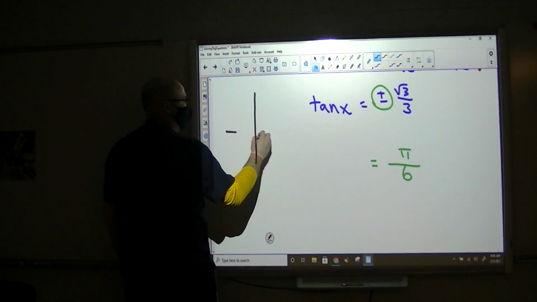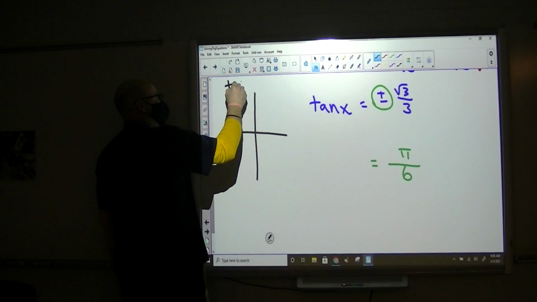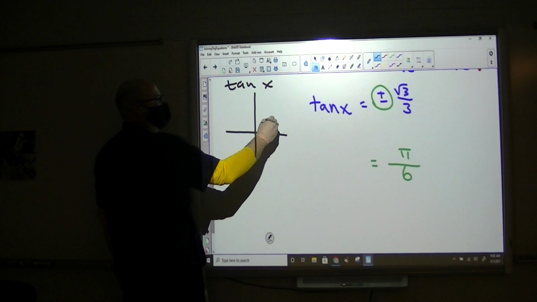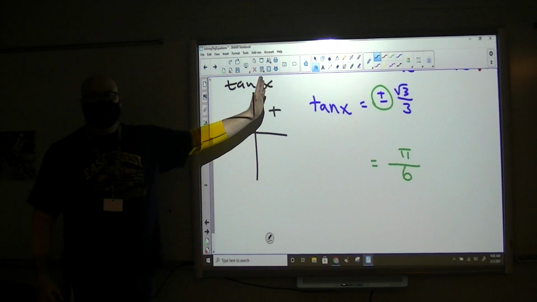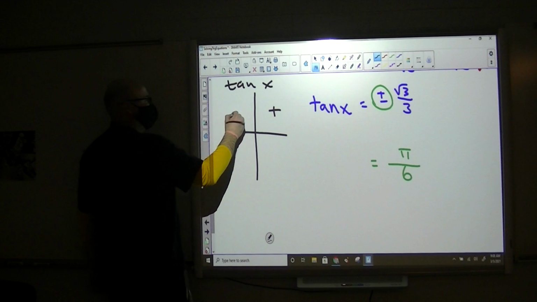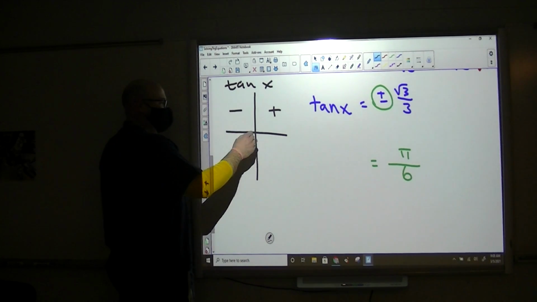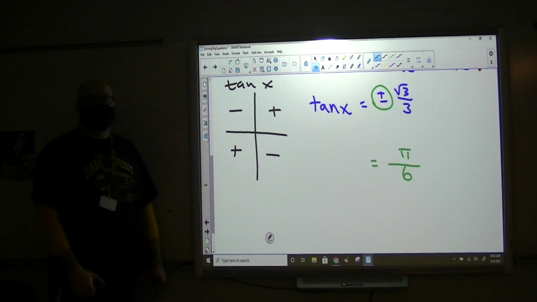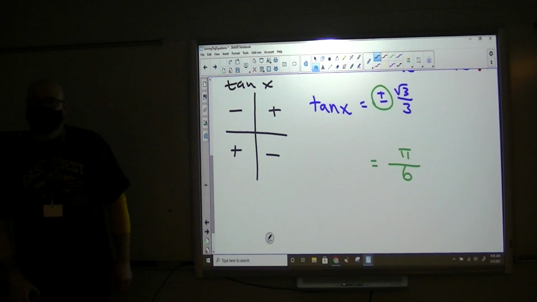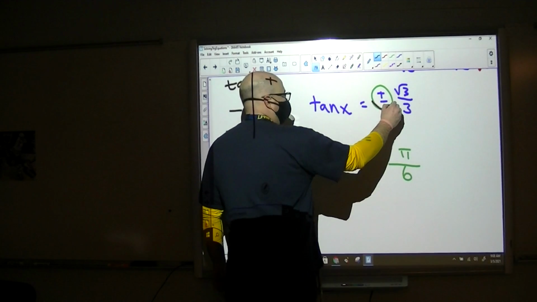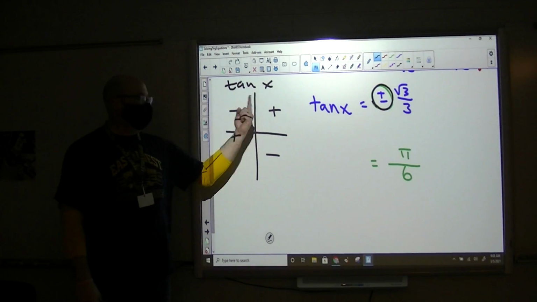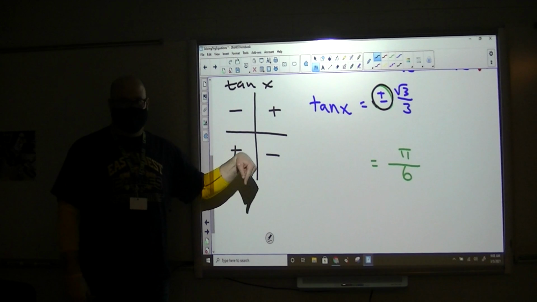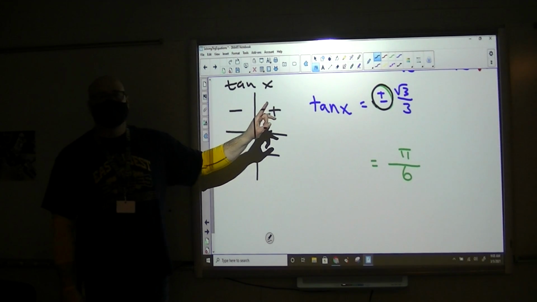Again, this was explained yesterday. But for tangent x, any angle that's in the first quadrant will have a positive tangent value. Anything here will be negative. Any angle in quadrant 3 will have a positive tangent value, and any angle in quadrant 4 will be negative. But because of this sweet little treat, we don't really have to worry about that. We're going to take all the angles that go around the unit circle.